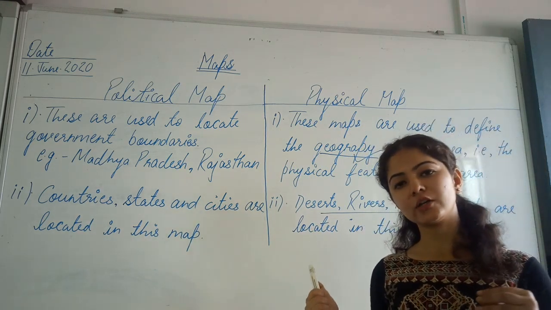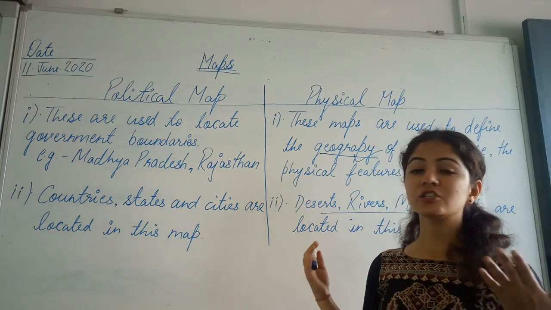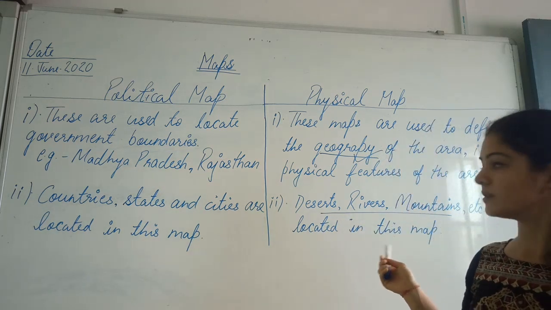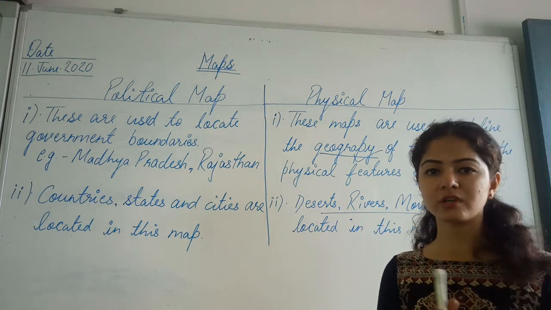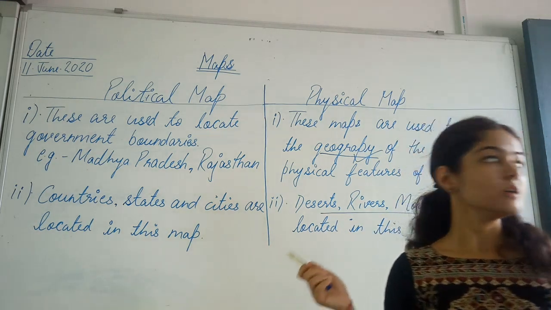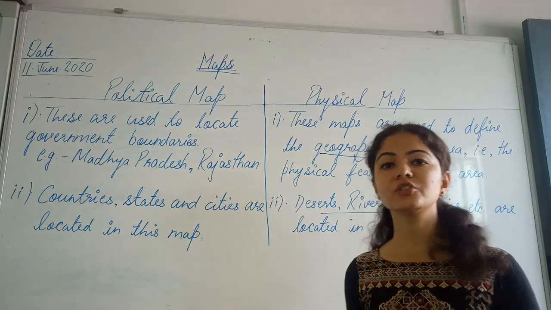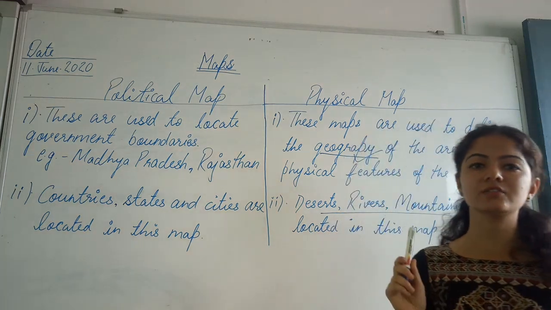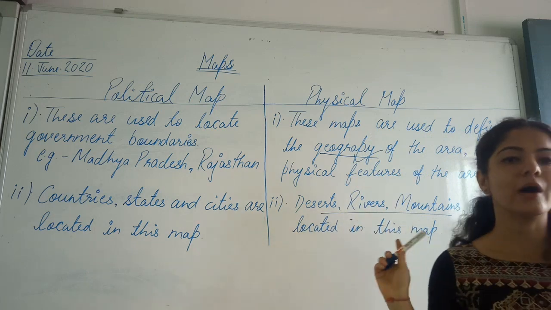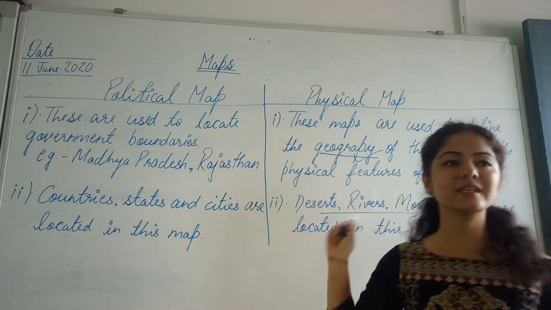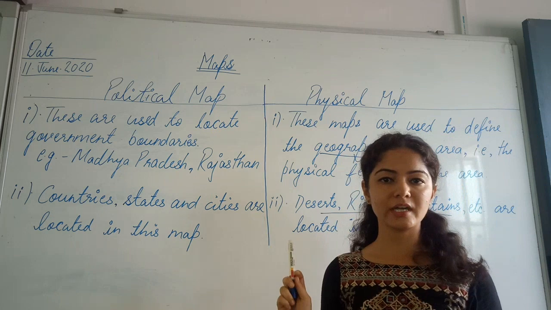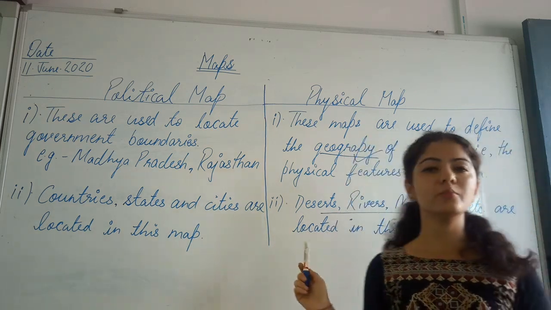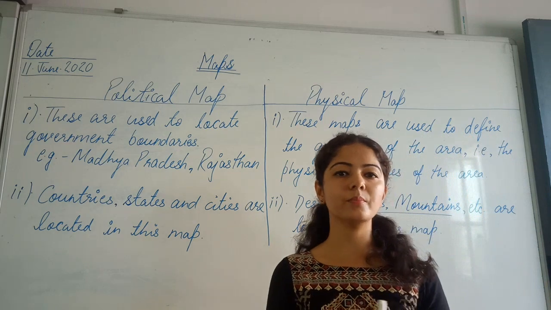For example, if I talk about India, which mountain, which desert is located in Rajasthan, which river is located in Uttarakhand, which river is located in Jammu Kashmir, which river is located in Uttar Pradesh. You are going to locate these rivers or the deserts or the mountains only on the physical map of India. You will never locate that in the political map of India. So this is all about the political map and the physical map.